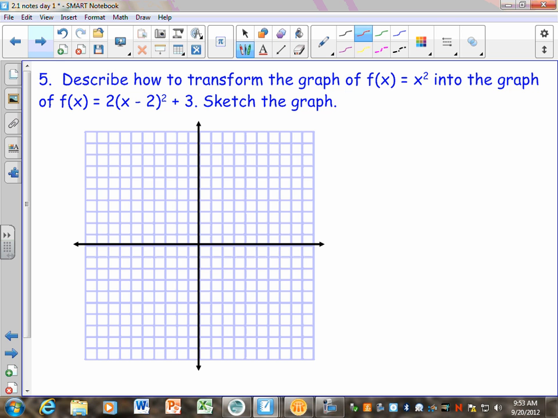This one says describe how to transform x squared into the graph of 2 times x minus 2 squared plus 3, and then graph it. If you know those rules for transformations, then you can use that to help you. And also you can use what we know about vertex form to help us as well.